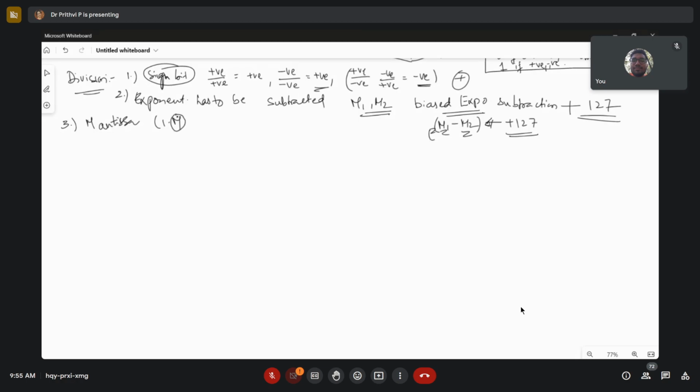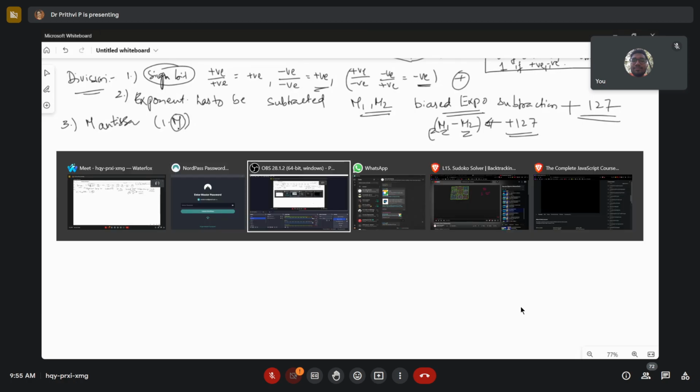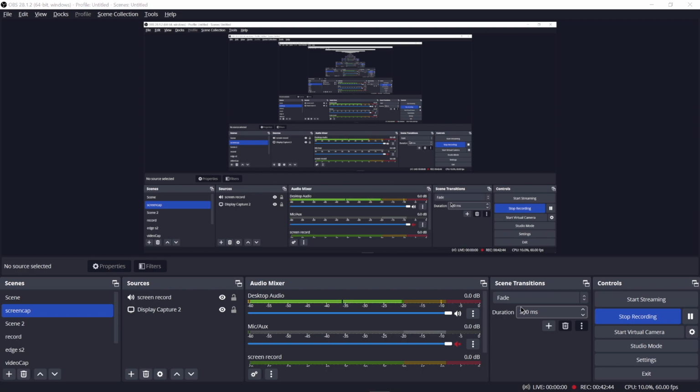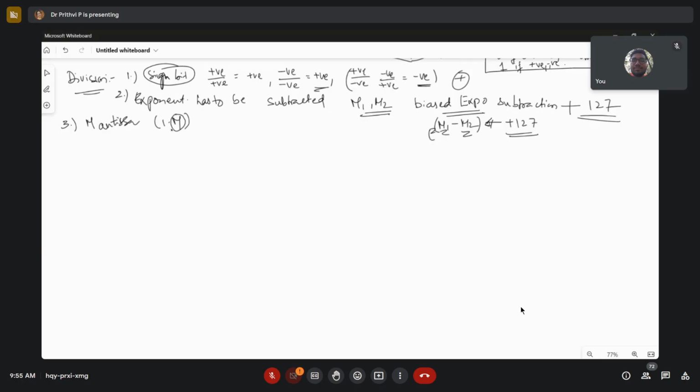The mantissas of the two values will be taken, and by the usual method of division, either restoring or non-restoring, you can implement it.